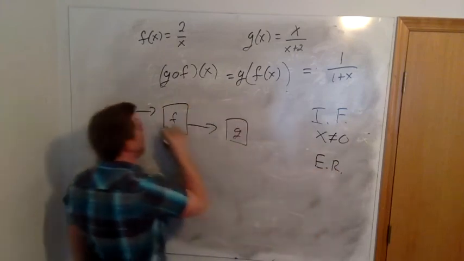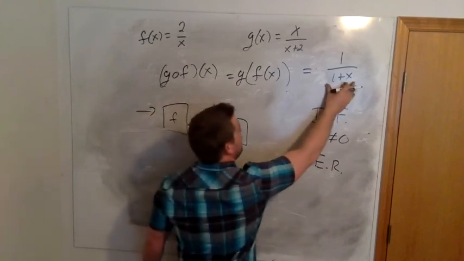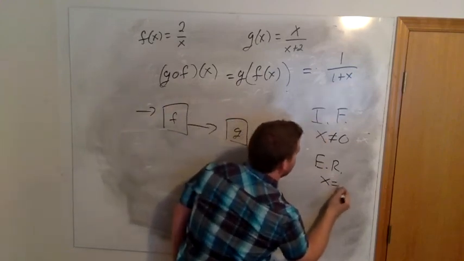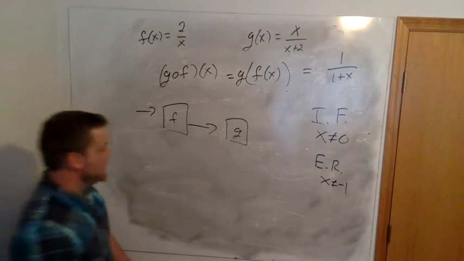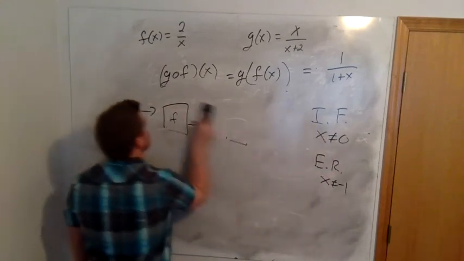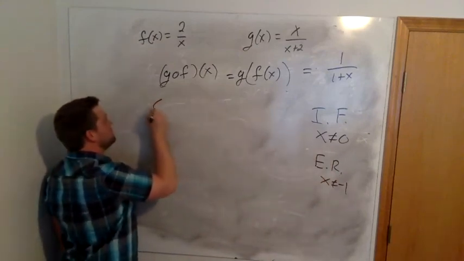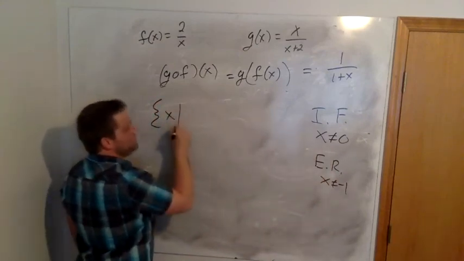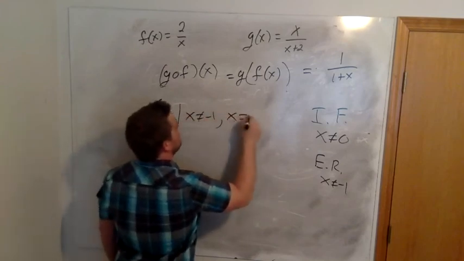What about the end result? I want to make sure that the outputs of f are okay to be plugged into g. Looking at our end result, notice that x can't be equal to -1, or I'd be dividing by 0. Let's write the domain. In set builder notation, my favorite, it's all x such that x can't be -1 and x can't be 0.